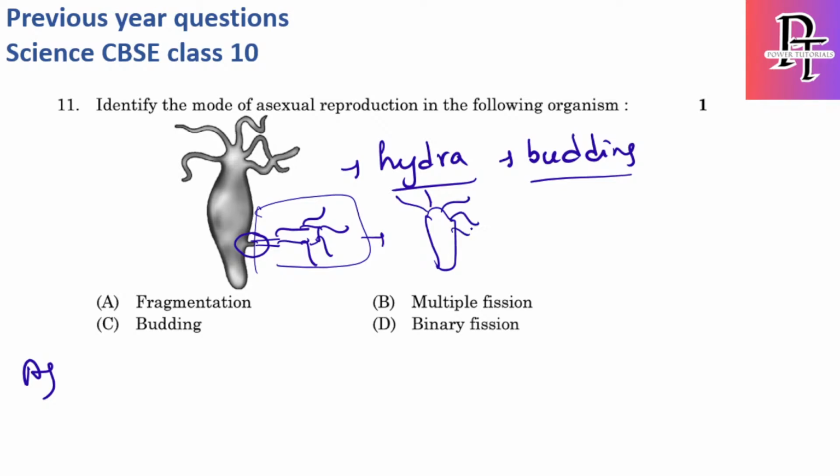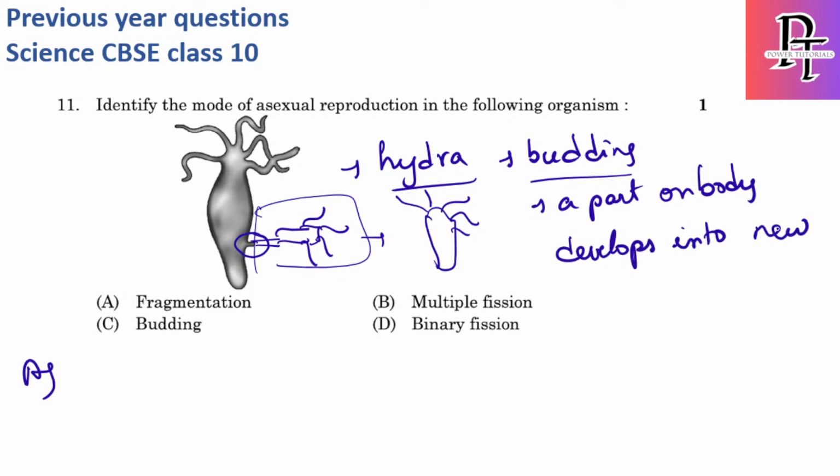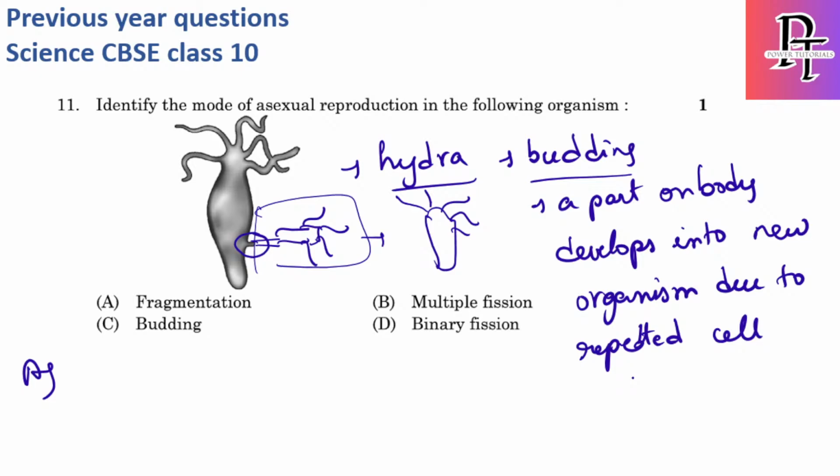So what is budding? A part on the body develops into a new organism due to repeated cell division at that part.